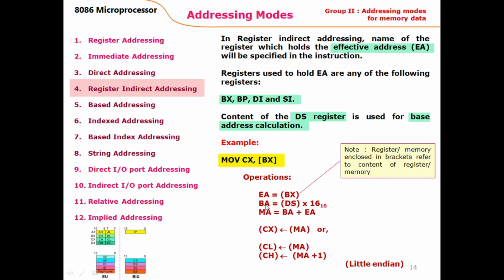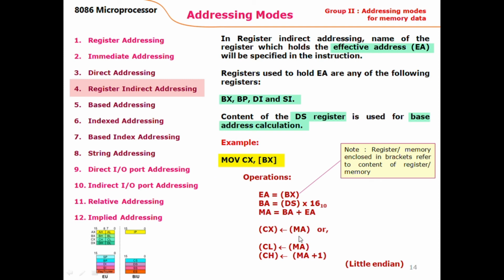This gives us a 20-bit base address. Then the memory address, or the physical address, is the sum of the 20-bit base address plus the 16-bit effective address stored in the BX register. So here we get the 20-bit memory address from where the 16-bit value is to be copied to the CX register.